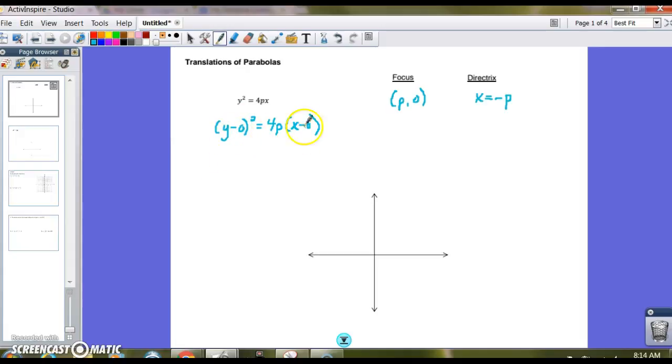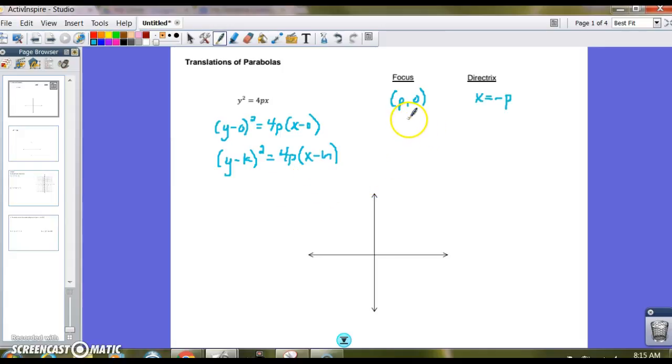So if I want to replace the (0, 0) with coordinates of a point, I would write it as (y minus k) squared is equal to 4p times (x minus h). And so now my vertex is at (h, k). Okay, my vertex is at (h, k).